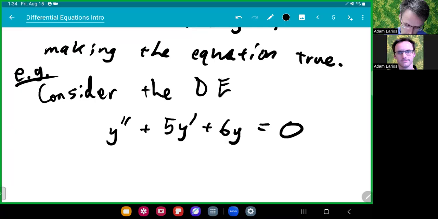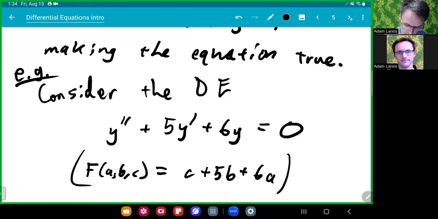Later we'll call this a second order linear differential equation when we talk about classification. But for now, this is a differential equation, right? So for instance, if we wanted to write it in this form, f of a, b, c, there's no t showing up explicitly. So I guess this would be c plus 5b plus 6a.